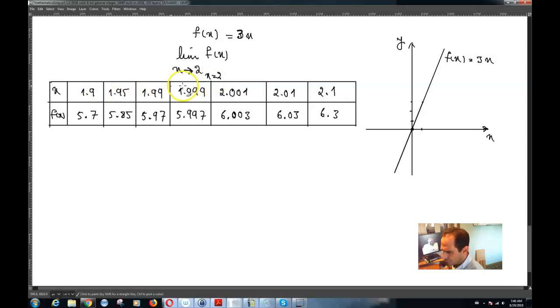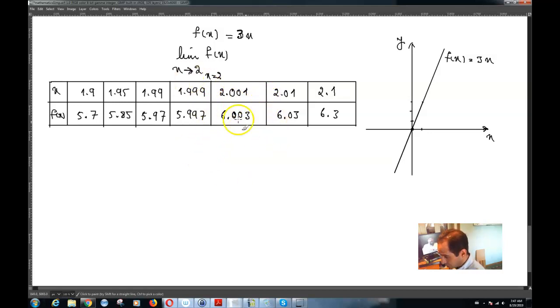As I get closer to 2 from the left, with 1.9, 1.95, 1.99, 1.999, the values are also getting closer and closer to 6. So as before, we observe that as x approaches 2 from either left or right, the value of f of x seems to approach 6.